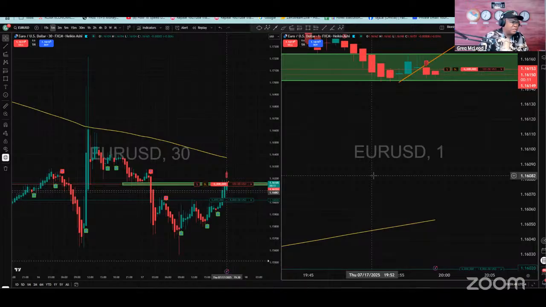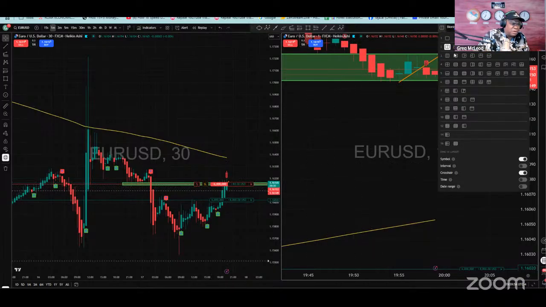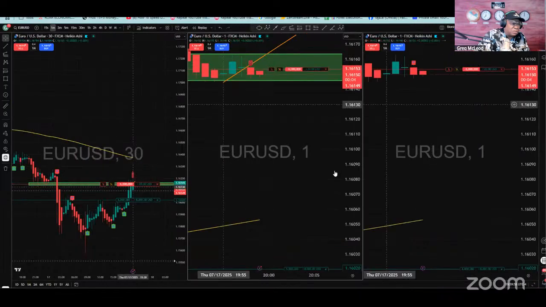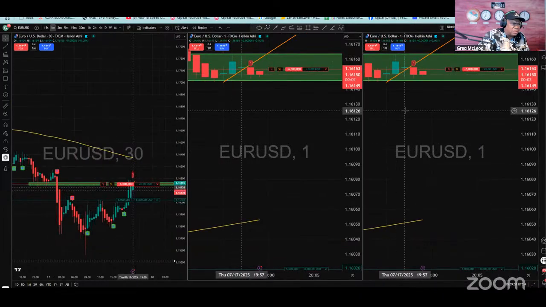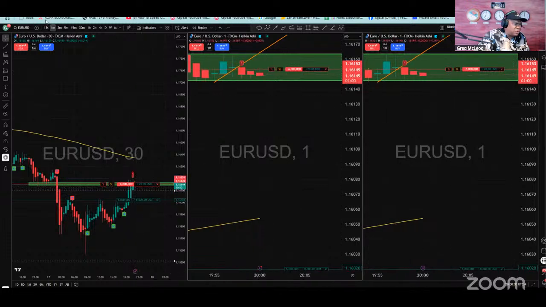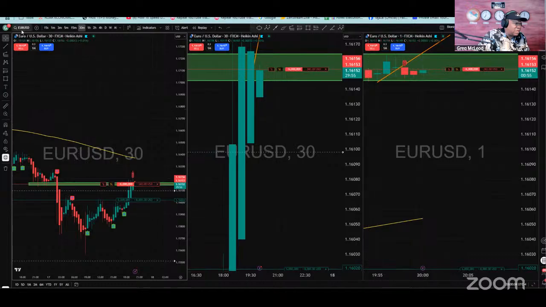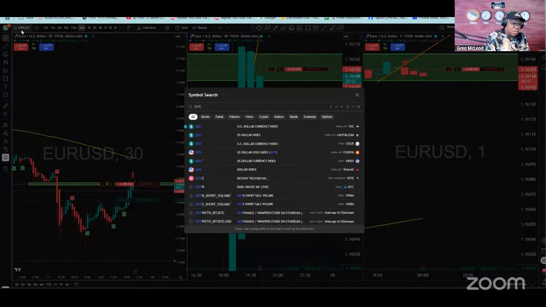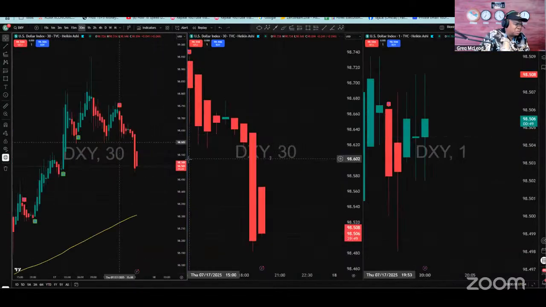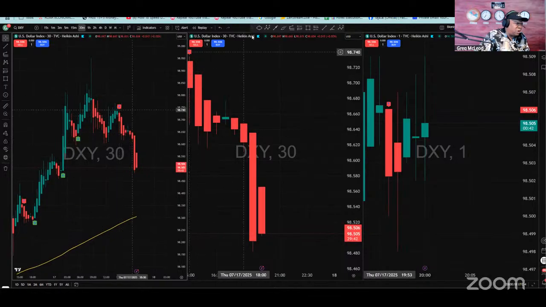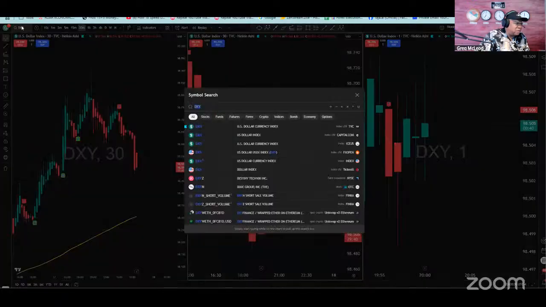I also want to take a look at the US dollar index. I'm going to put the US dollar index up as my third chart. So we got Euro 1, this will be our 30, and I'll put DXY on there just as a warning sign. Oh no, I don't want them all together. I want to break them apart.